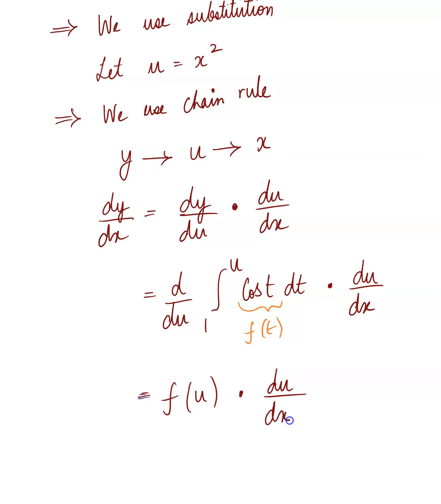Are you with me on this? So this is Fundamental Theorem of Calculus Part 1. It gives you f of u, because it was with respect to u. If it was dy over dx, then this would be f of x. So it's always with respect to what we differentiate that comes in here as per the theorem.